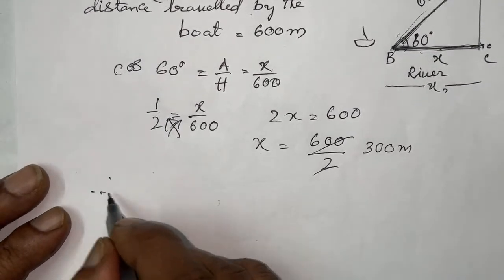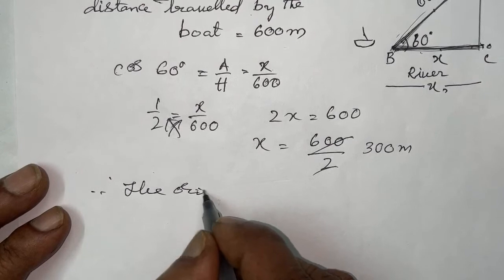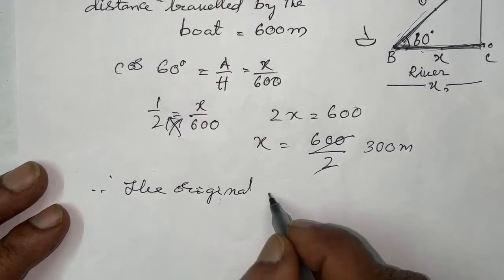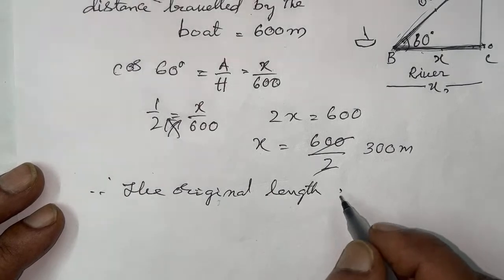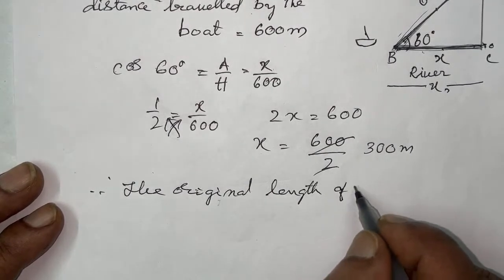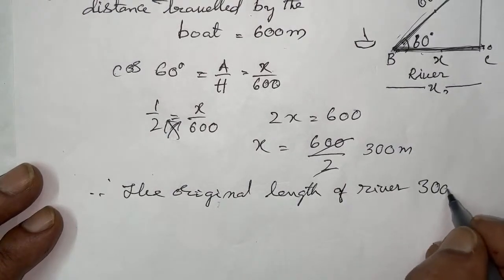So the original length of the river is equal to 300 meters.